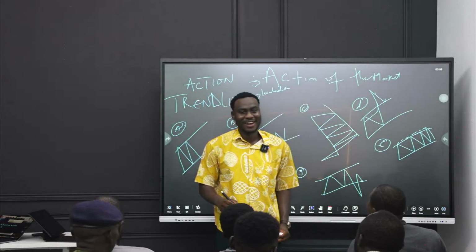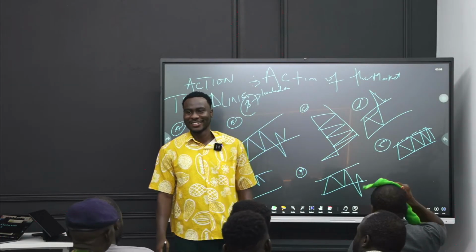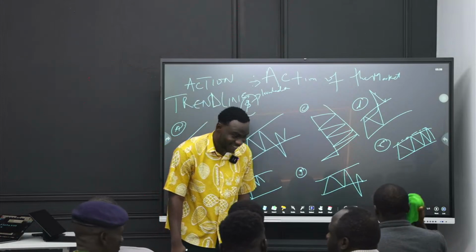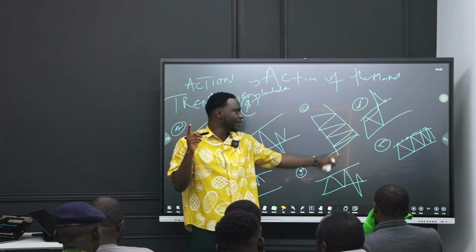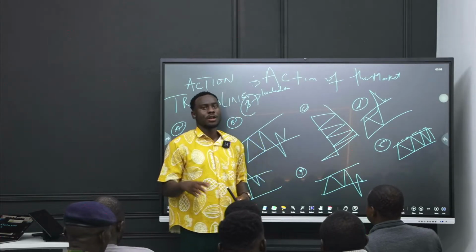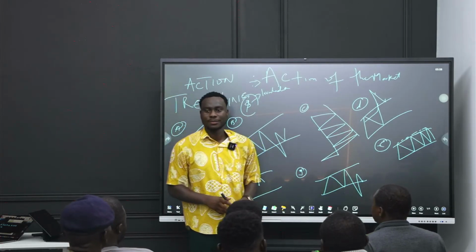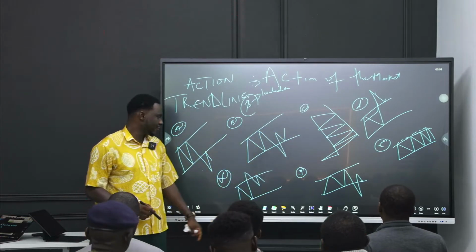Invalidation. No, it's not the same level. Validation. It's not the same level. But it could actually have been a fake breakout. What makes it not to be a fake breakout? Because it's not a breakout, because it's happening at the same level. So what about F?